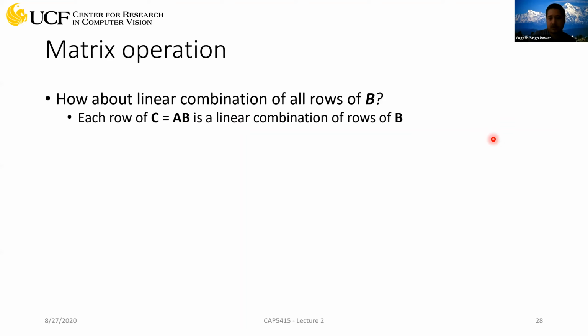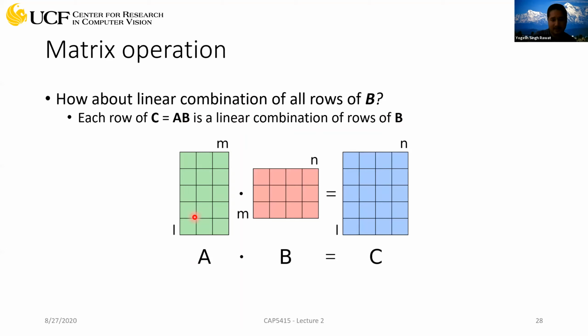So each row in the resultant matrix is a linear combination of rows of matrix B. Let me walk you through this again. This time we are looking at rows. Let's again see how we can get this number.